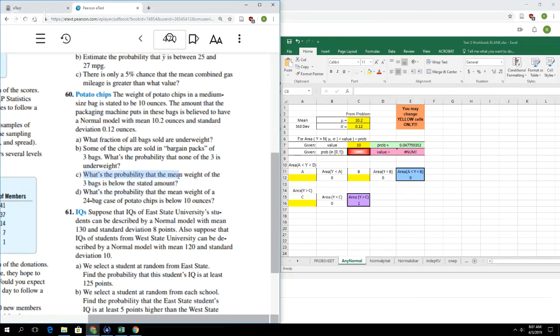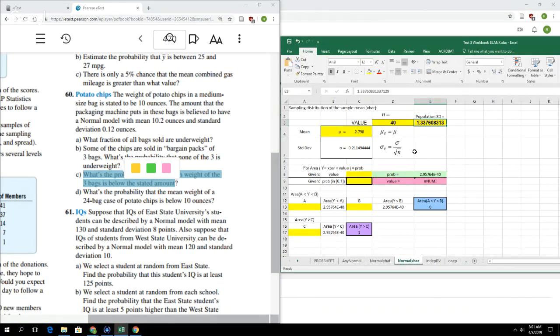Part C is more interesting. What's the probability that the mean weight of the 3 bags is below the stated amount? This is where we need normalxbar. This is why I wanted to do this problem. So our sample size is tiny, it's 3. Our population standard deviation is 0.12. Our mean is 10.2.